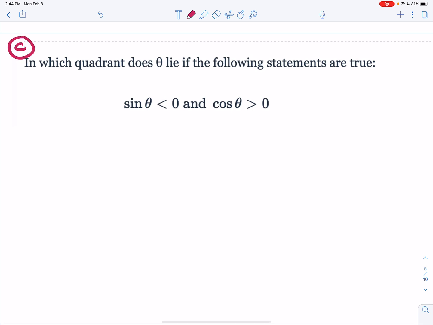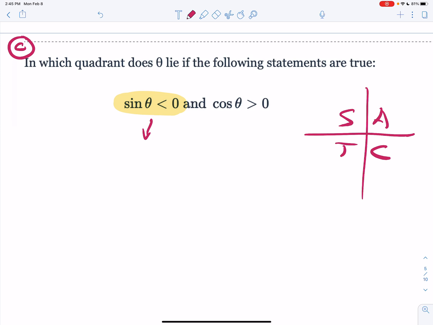Here's part C. Press play when you're ready. Okay, so I'm trying to find out where sine is negative. Sine is negative in quadrants 3 and 4.